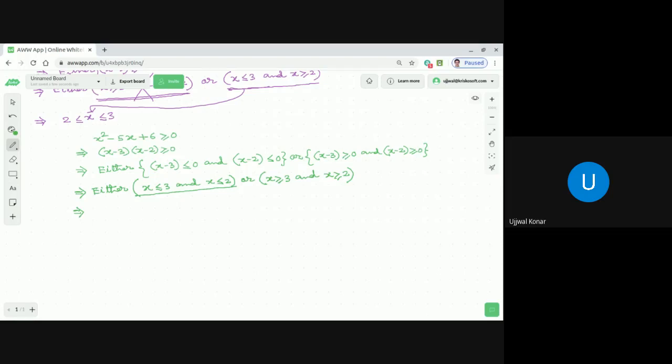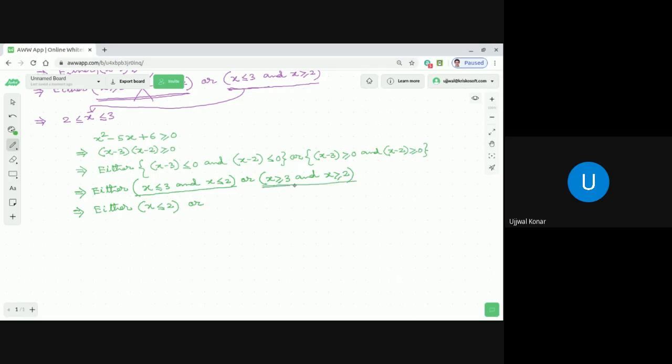Sagnik, I have a number which is less than equal to 2 and also less than equal to 3 at the same time. Then you can say, sir, it is less than equal to 2. If a number is less than equal to 2, obviously it is less than equal to 3, correct or not? Yes. So then, better to write either x is less than equal to 2, correct or not? Or now let's look into this statement.